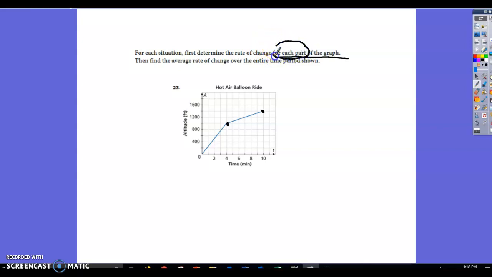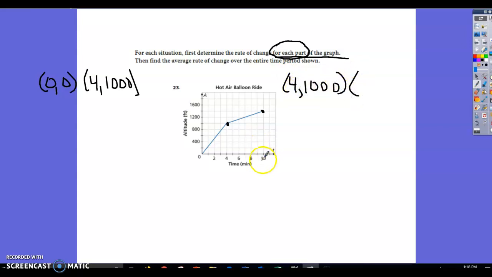So we have to do this part first. We're going to go from 0, 0 to 4 and 1,000. And then we're going to go from 4 and 1,000 to 10 minutes and 1,400.